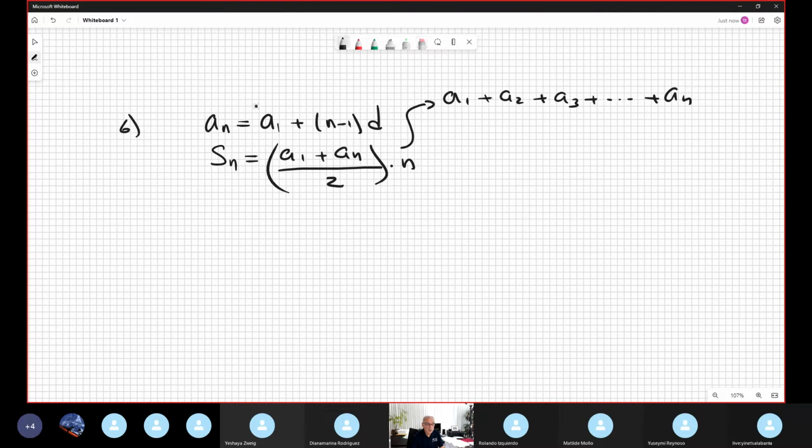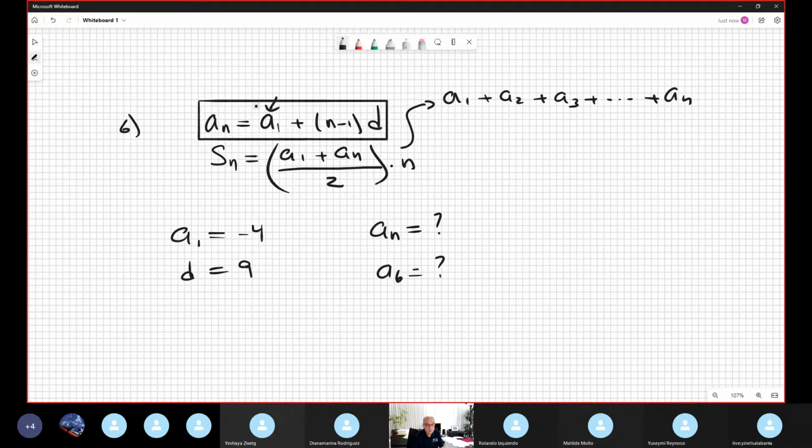Okay, so in problem number 6, we are given a1 equal to -4 and d is 9. No problem. Then you find a sub n and a sub 6, the term in position 6. Just substitution in this equation. a sub n is equal to -4 plus (n minus 1) multiplied by 9.